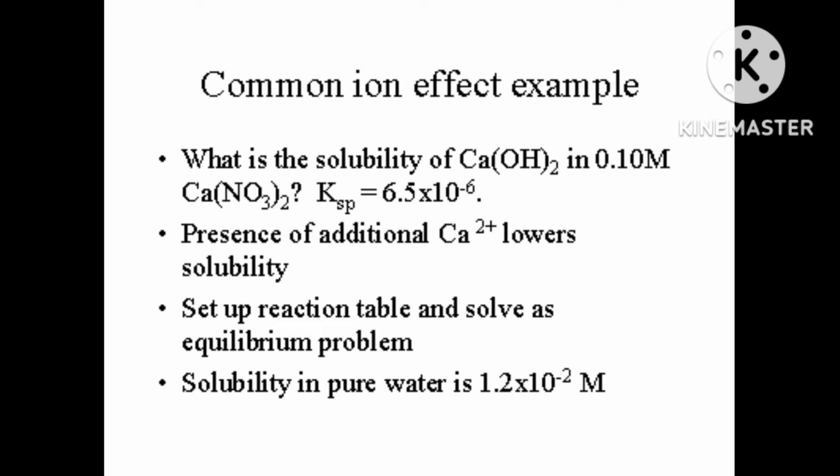Then after solving you will get the result. S is equal to the root, and the S value you will get is 1 into 10 to the power minus 5 mole per liter. This is the answer. See how easy this question is. Now you can solve it very easily.